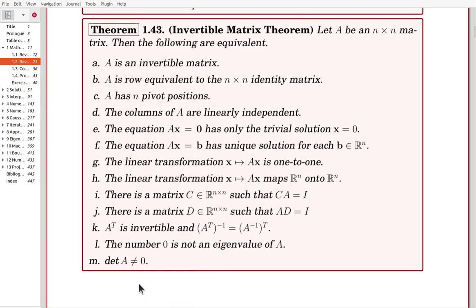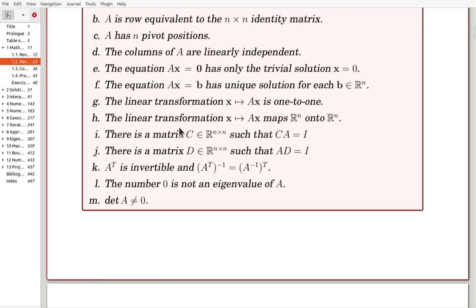Now you may consider this one: 0 is not an eigenvalue of A. So once it's invertible, then 0 cannot be an eigenvalue of the matrix. Also, the determinant cannot be 0. So in fact, non-zero determinant or non-zero eigenvalue means invertibility, so that they are equivalent.